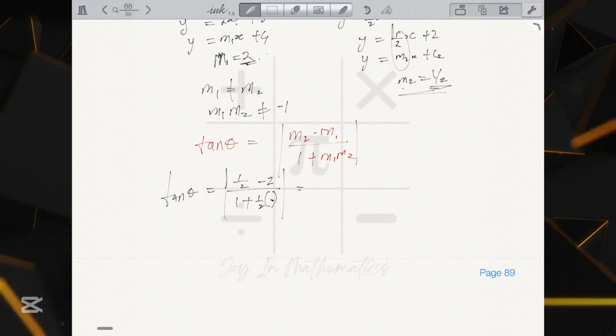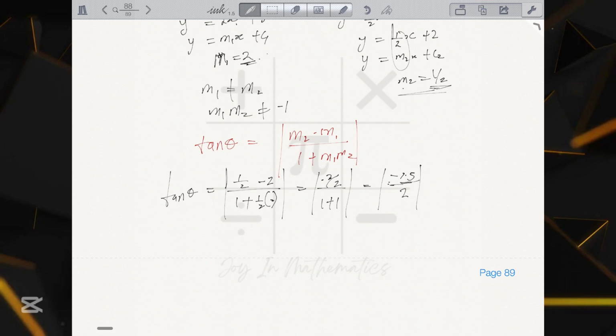And this will give us the modulus of 1 over 2 minus 2, which is minus 3 over 2, divided by 1 plus 1 over 2 multiplied by 2, which will give us 1 plus 1, that is 2. So this is the modulus of minus 1.5 divided by 2.